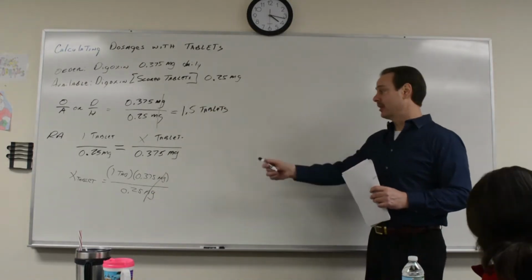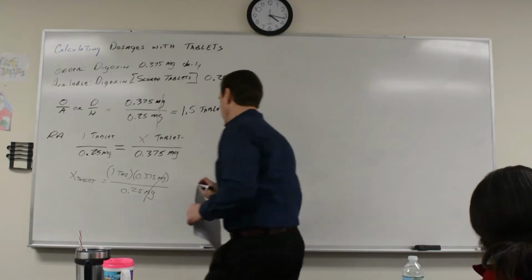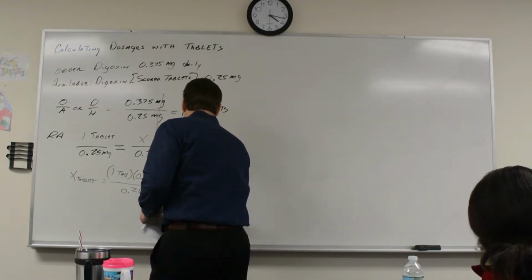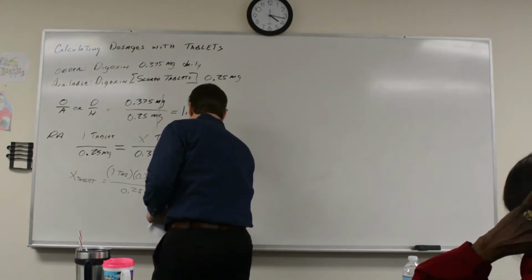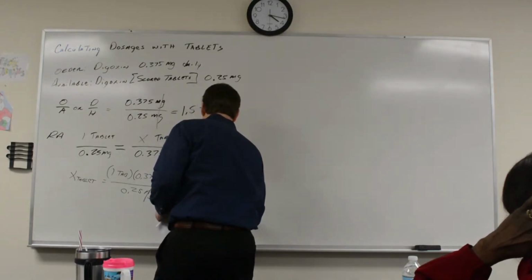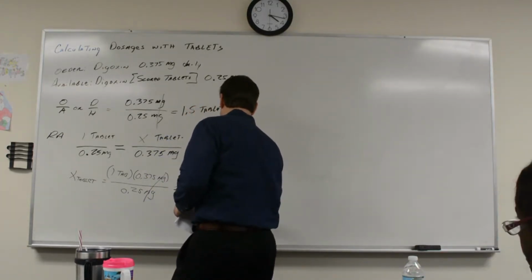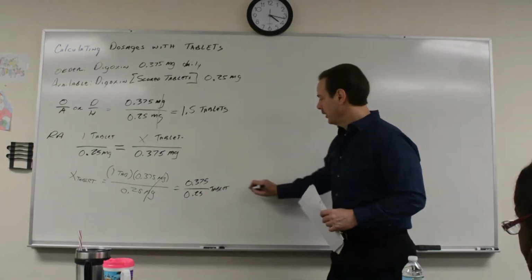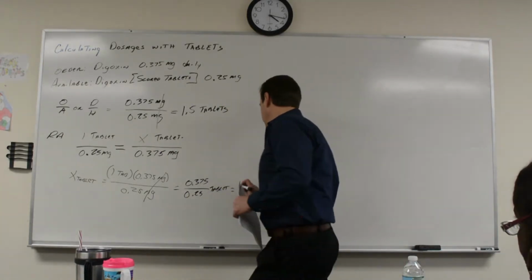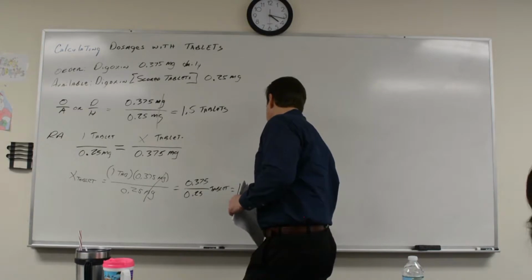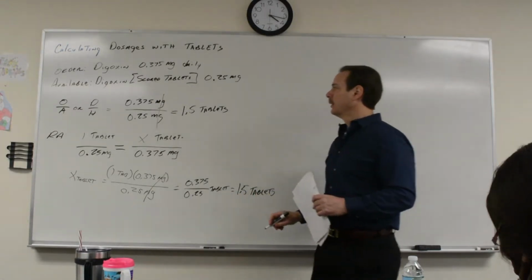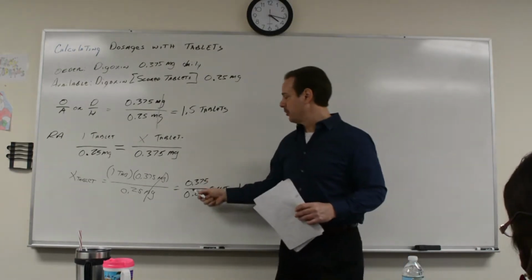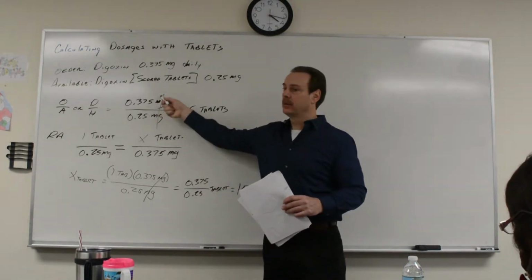Tabs. That's good because that's what we're looking for, right? So this is going to equal 0.375 divided by 0.25 tablets. And this is going to equal what? Notice when we got to this point, this is the same as this.